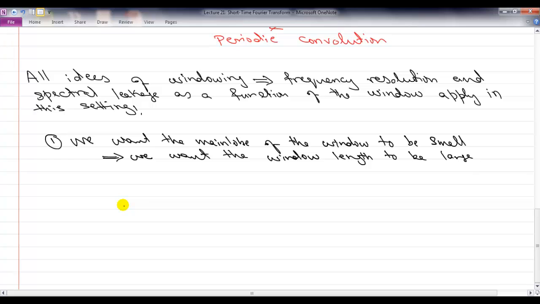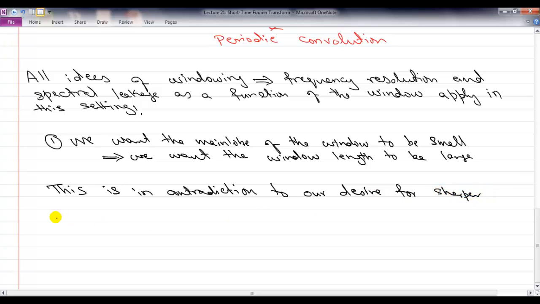So this is in contradiction to our desire for sharper time resolution.